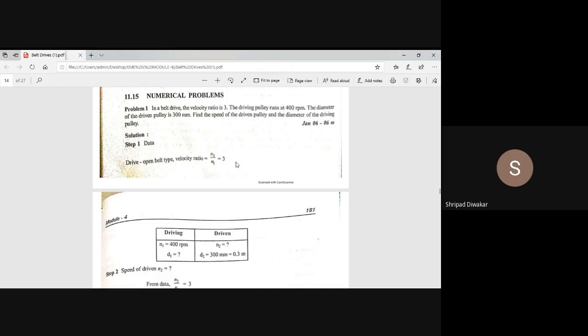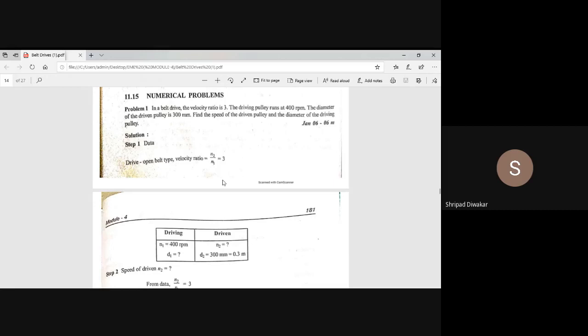First thing is you have to write the given data. Velocity ratio N2 by N1 is 3. Driving pulley runs at 400 RPM, means N1 is given 400 RPM. The diameter of driven pulley is D2. You see the table here, whatever given data, put it in the table.